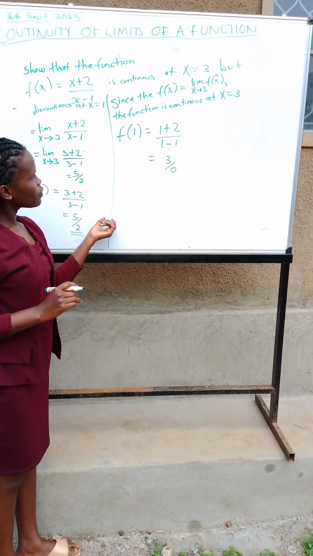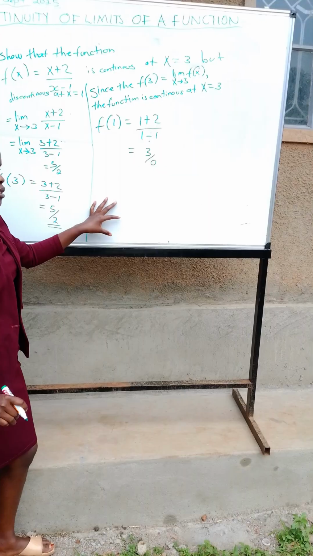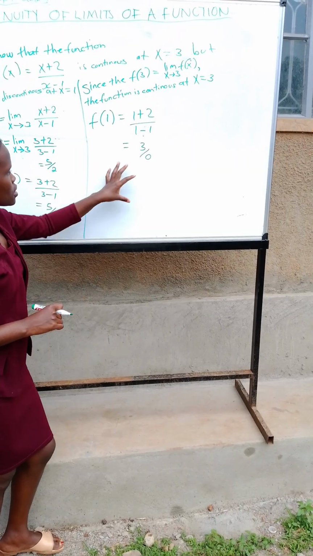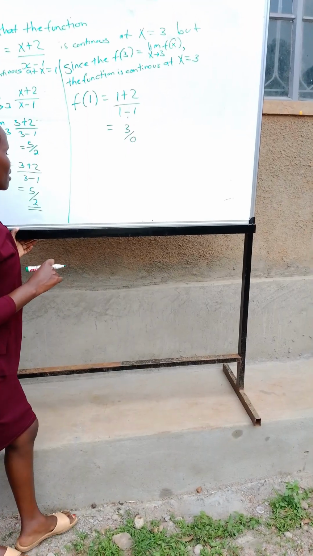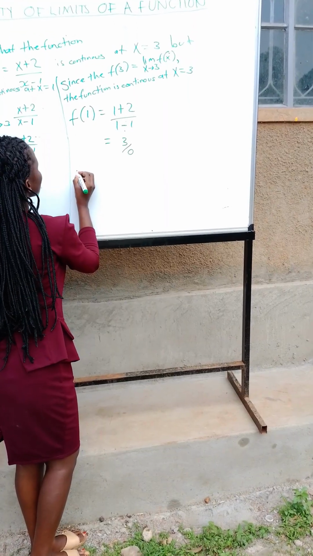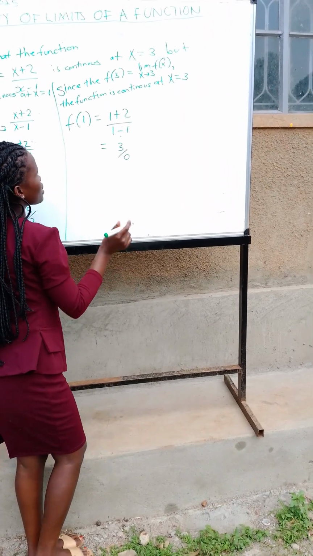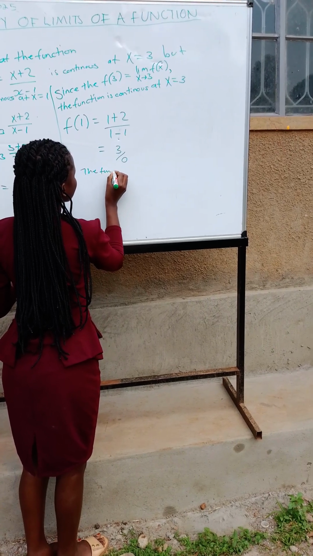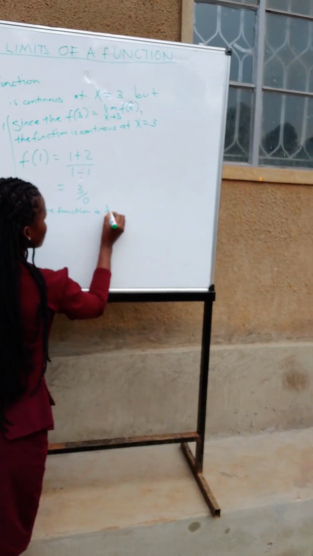I think you know very well that if we get a 0 in our denominator, this implies that this function is not continuous, since we are not getting an exact value. So you conclude like, since we just say that the function is discontinuous.